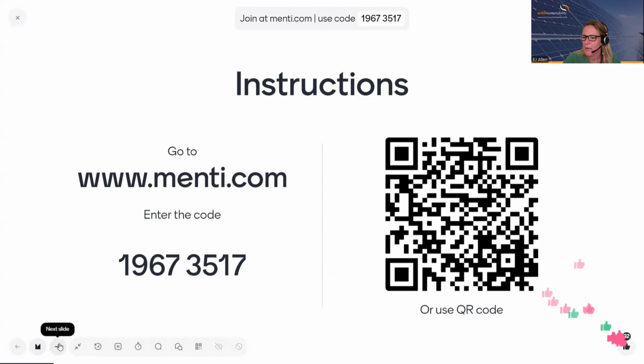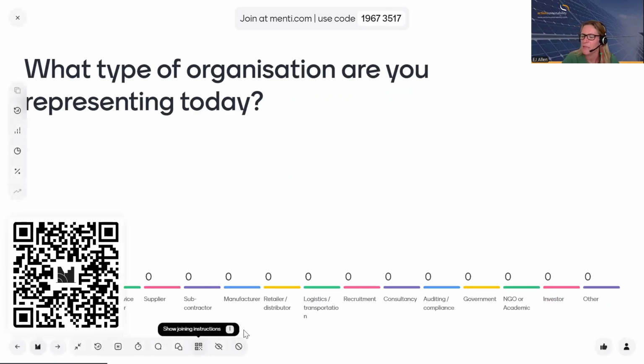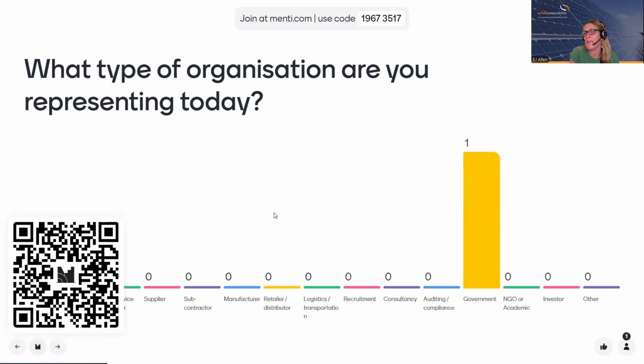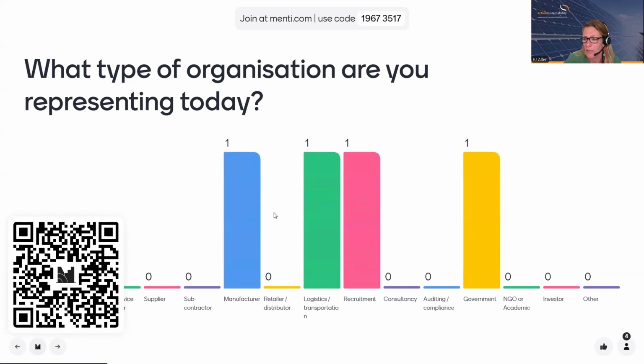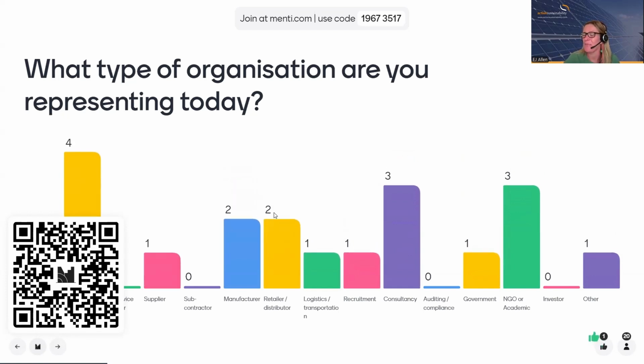I'm going to make it so you can still see the QR code. What I'd like you to do is simply tell me what kind of organisation you're representing today. The question appears on the screen, but you can look at your phone and say which type of organisation you're from. Clearly, there will be plenty of you who don't fall into any of those categories. Apologies, so just pop in other.